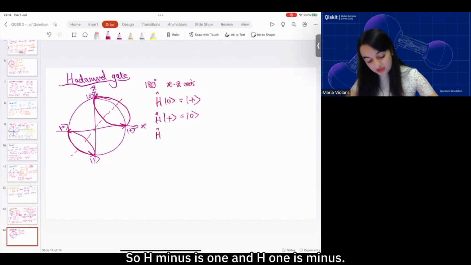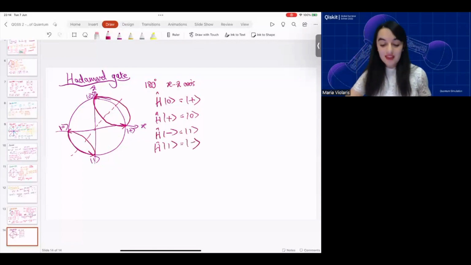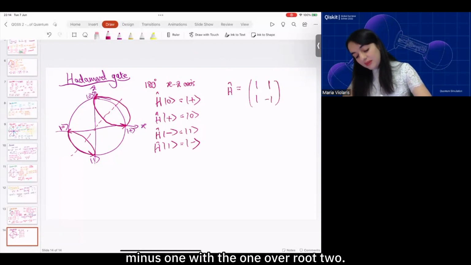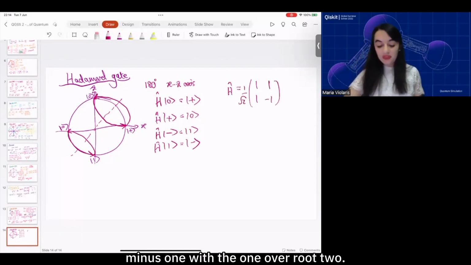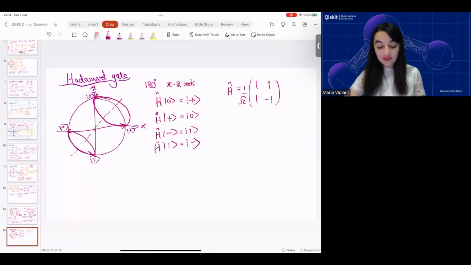So H minus is 1 and H1 is minus. And the matrix for this gate is 1, 1, 1, minus 1 with a 1 over root 2. So you can use this matrix to check all of these statements here.